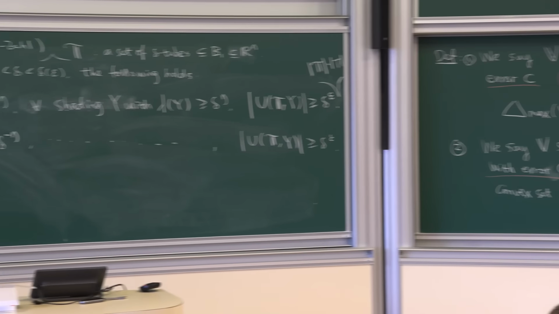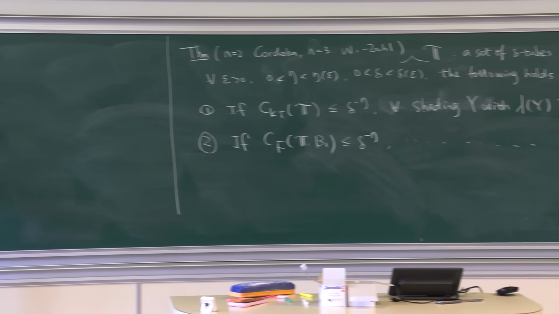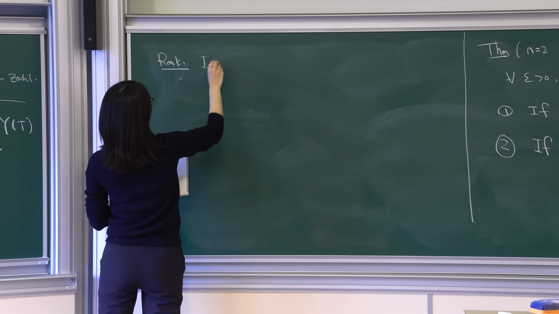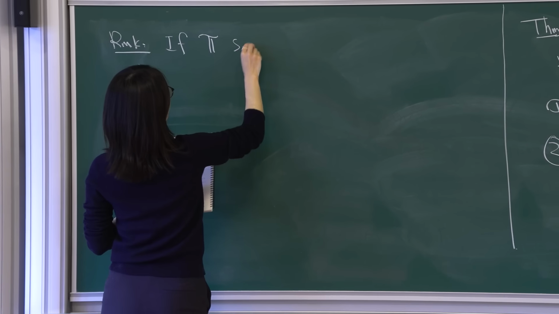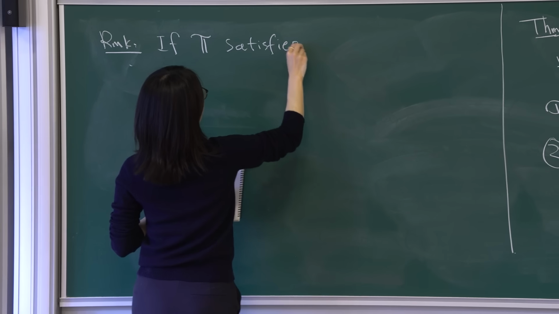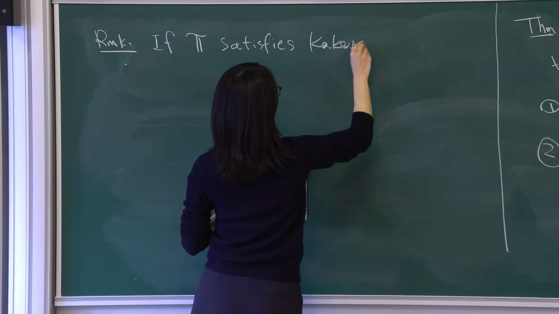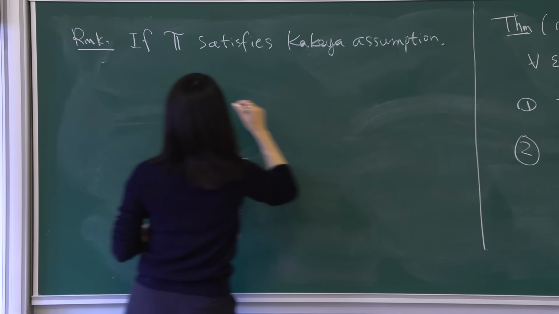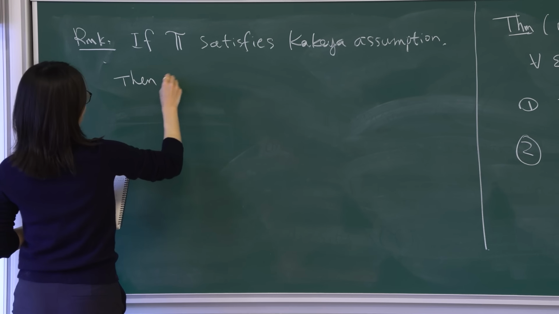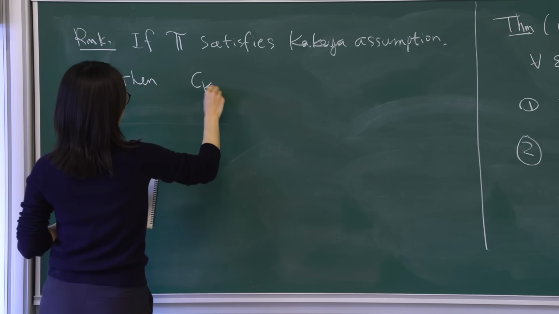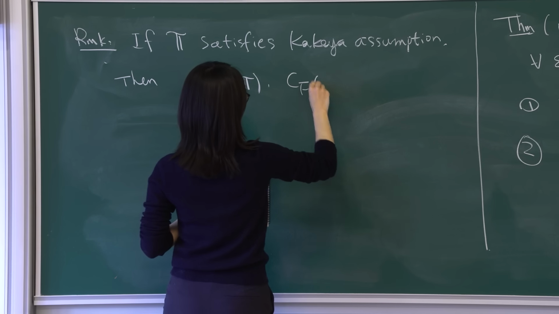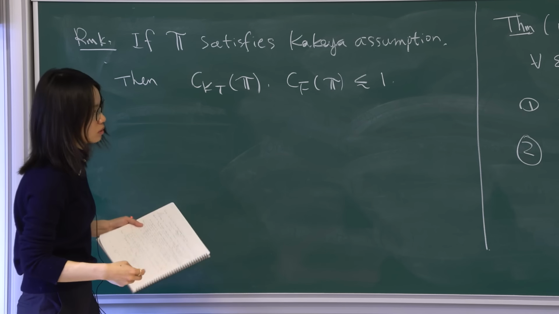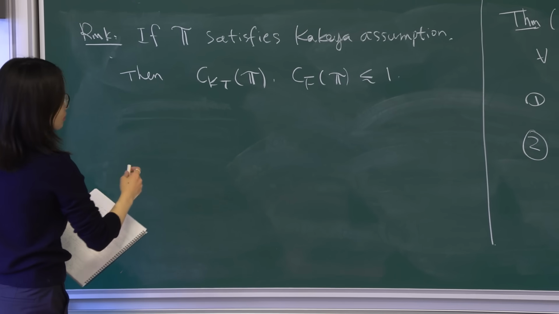The first remark is that if T satisfies the Kakeya assumption, then both the Katz-Tao constant and the Frostman constant are less than some absolute constant depending on the dimension. How do we see it?